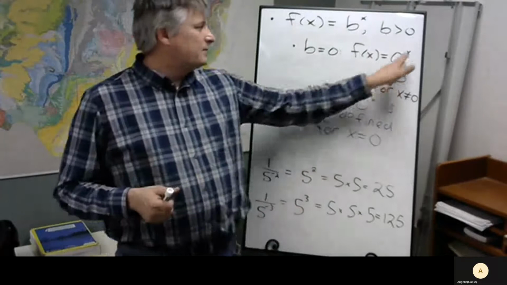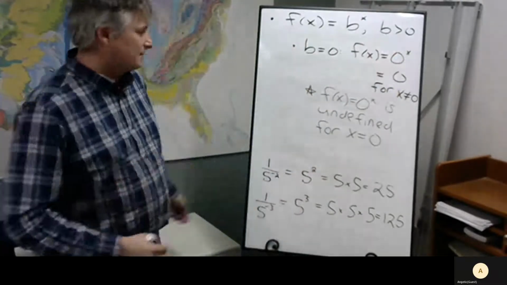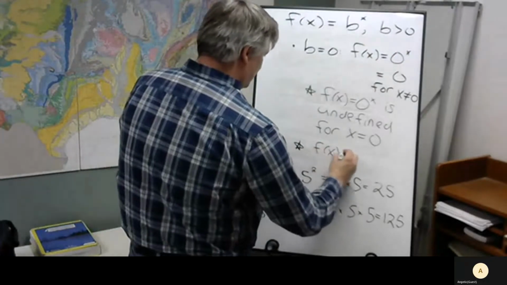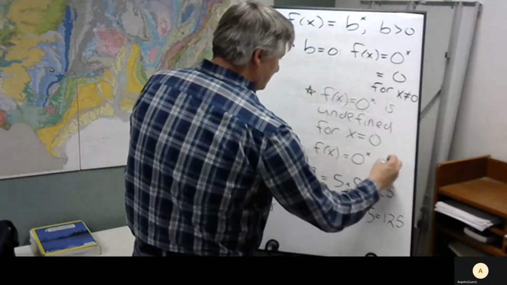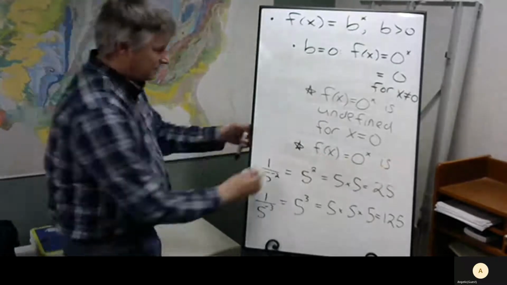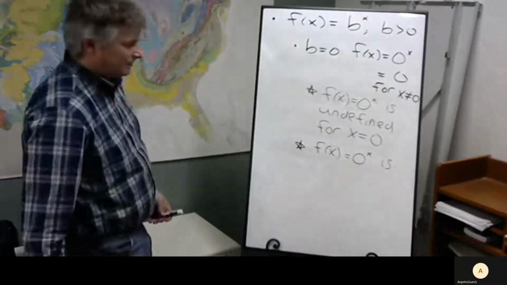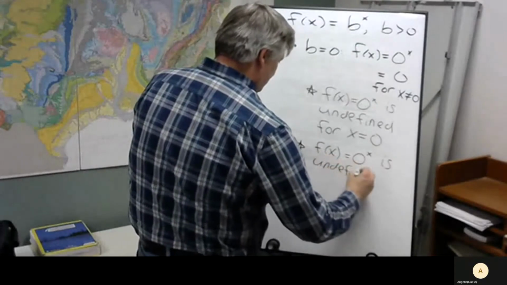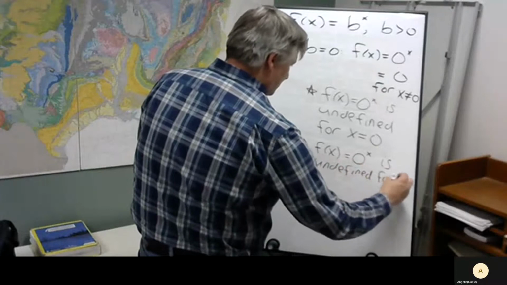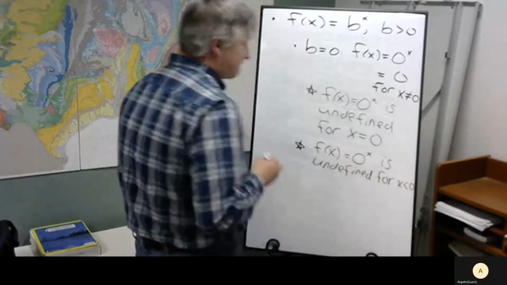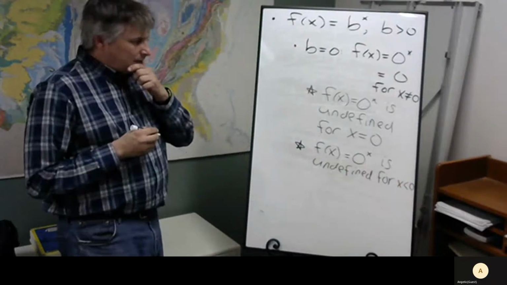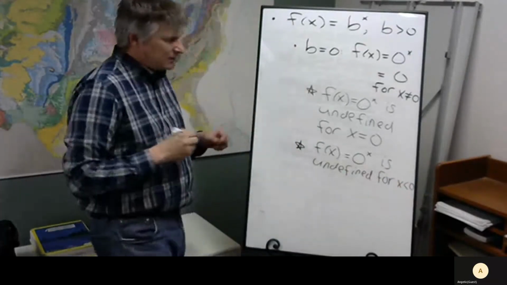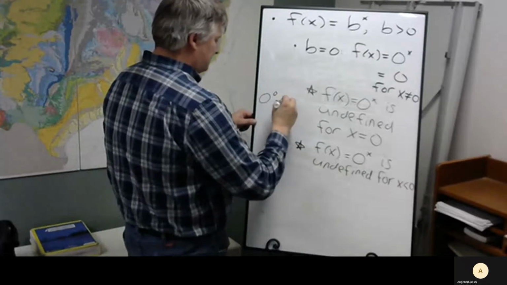You'd also want to be careful for negative values of x. f of x is undefined for x less than 0, and let me give you some explanation. For this one here, 0 to the 0 is just undefined.